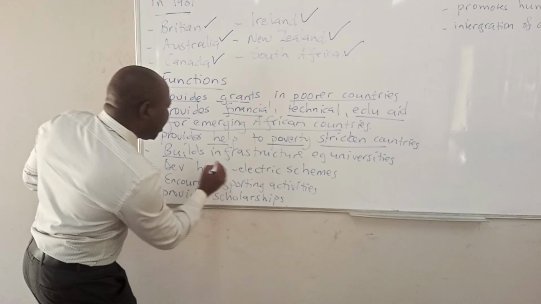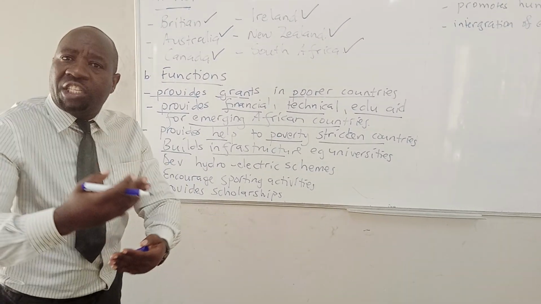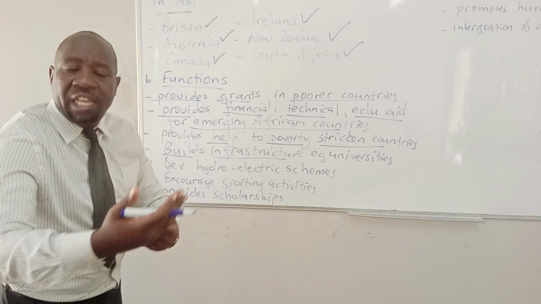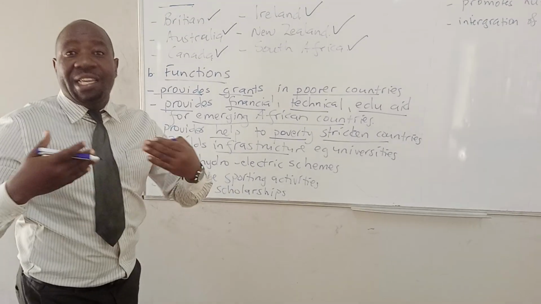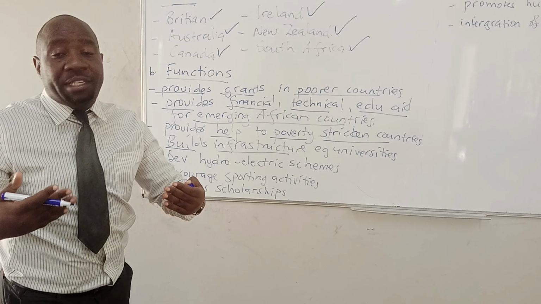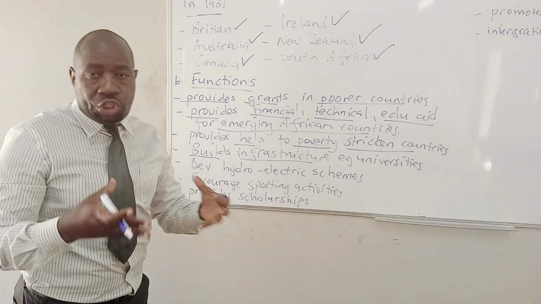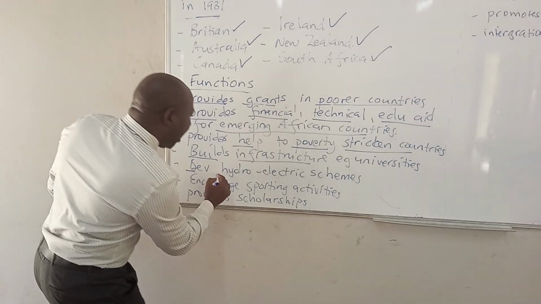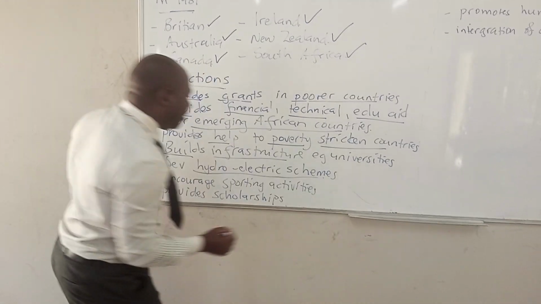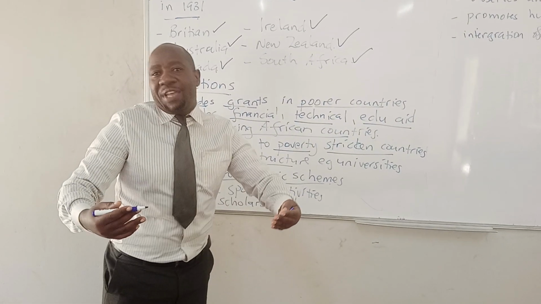It also builds infrastructure, such as schools, colleges, and universities. So we see it playing a very important part in building infrastructure to assist the children and the students. It also develops hydroelectric schemes for the generation of electricity.